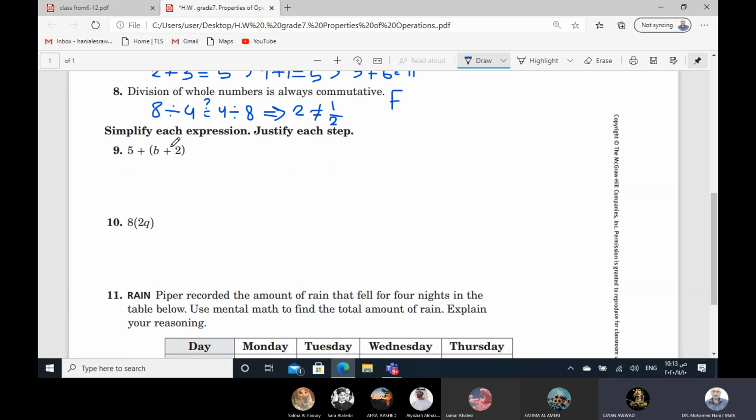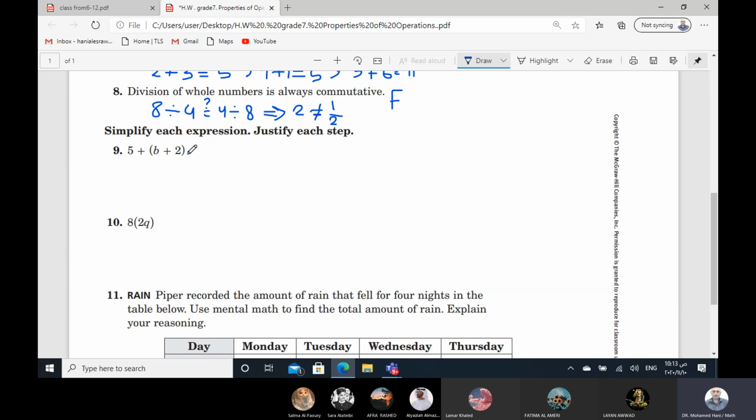Simplify each expression, justify each step. Justify means describe the steps. Here we have 5 plus b plus 2, between parentheses b plus 2. We cannot add b and 2 because b is a variable and 2 is a number.